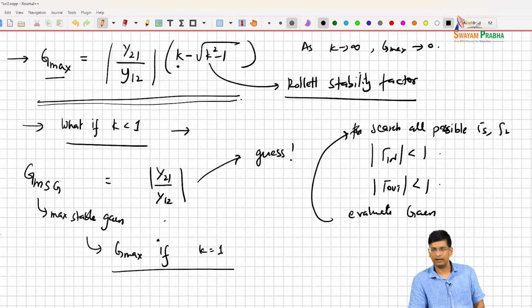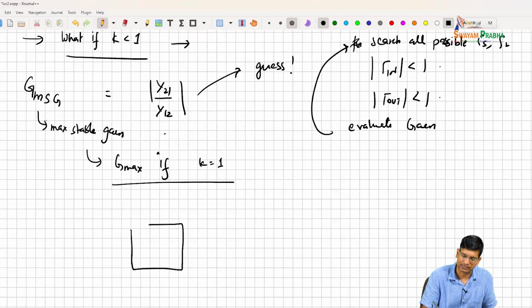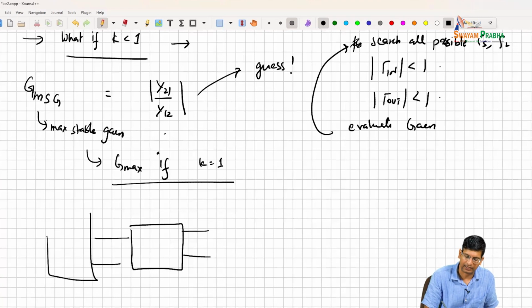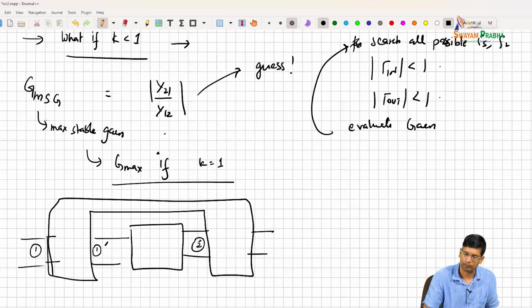People in recent research have shown such networks. If you consider the transistor network, and you put an embedding network around the transistor, you can clearly see that the embedding network has a port 1, a port 1 prime, a port 2 prime and a port 2.